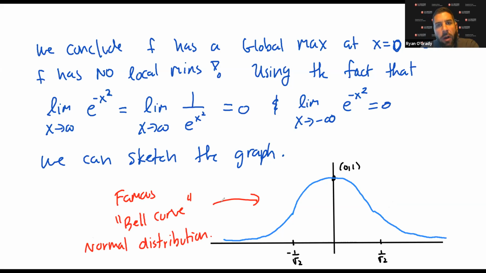If you ever took a prob and stats course, there's no doubt that you did these problems where you either used a calculator or you went in the back of your book and looked at what they called z-score tables. And what you were doing is looking at numbers that happen to be the area under this curve. So this turns out to be a very important function.